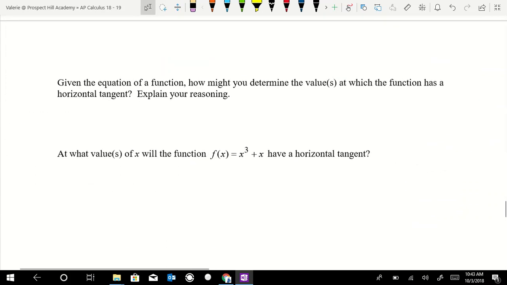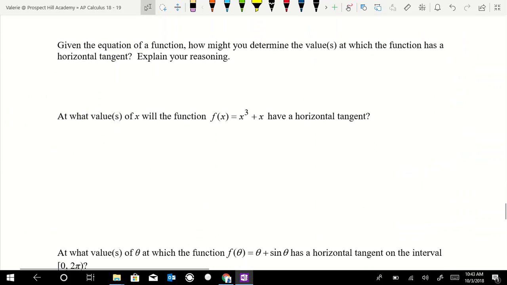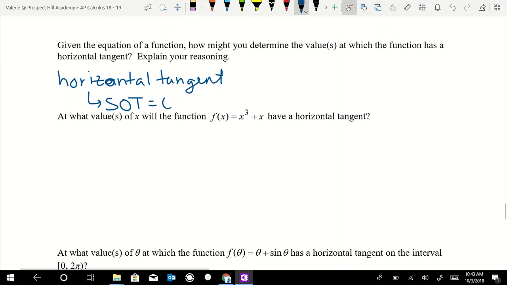Given the equation of a function, how might you determine the values at which the function has a horizontal tangent? Explain your reasoning. So in order for a function to have a horizontal tangent, that means that the slope of the tangent is equal to 0.